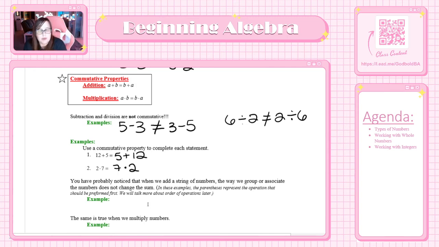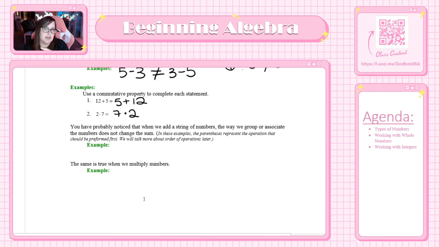So you've probably also noticed that when you have a string of numbers, not only can you switch the order of them, but you can kind of group them in whatever order you want. So in these examples, I'm going to use parentheses to say, hey, do this thing first. If I had 5 plus 3 plus 2, some people will say, well, 5 plus 3 is 8, plus 2 is 10.